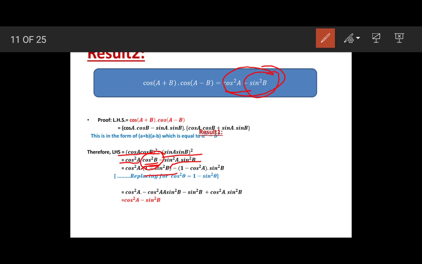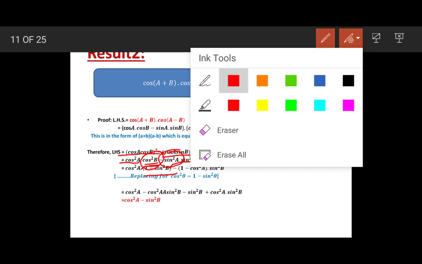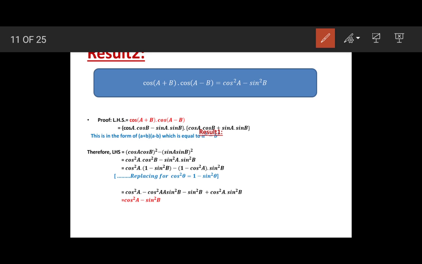Then the second term is sin²A sin²B. So in that I have to convert this sin²A in cos. So write sin²A as 1 minus cos²A. Okay. Now after writing this, next multiplication. So do the multiplication.